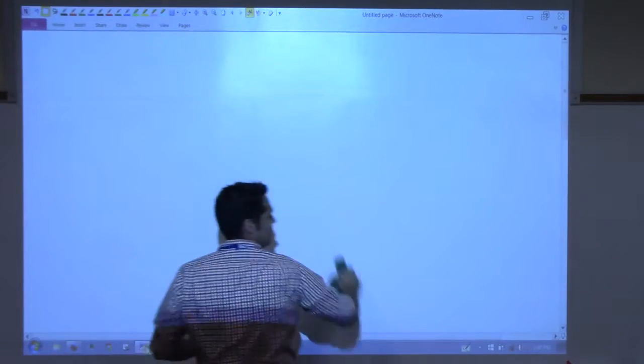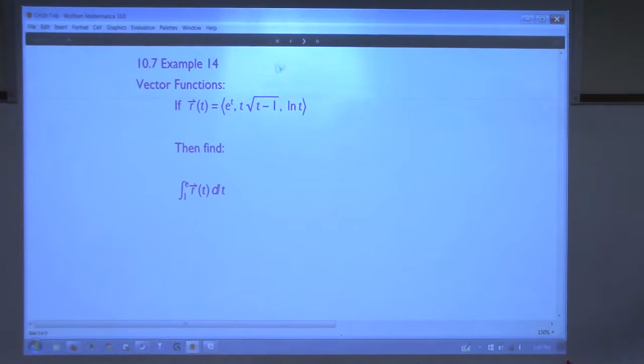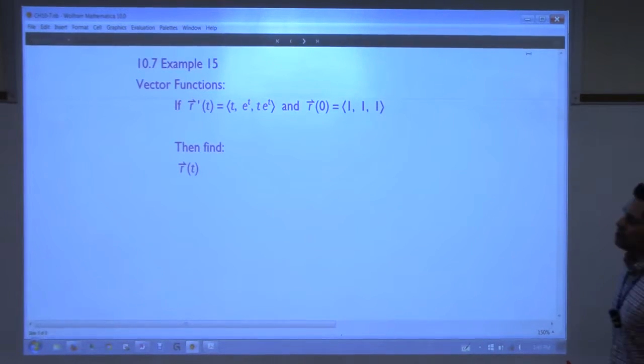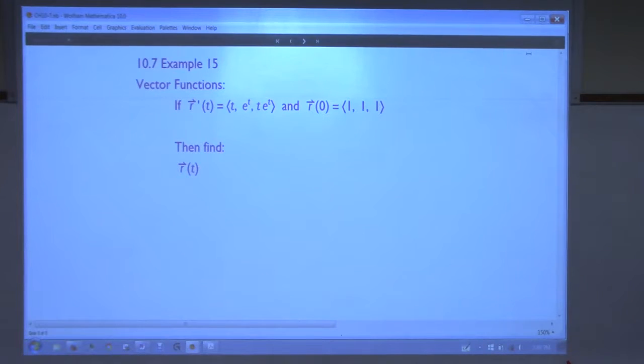All right, where am I? Okay, look at this one. We start out with the derivative of a vector function. I'm telling you that r prime of t is this.